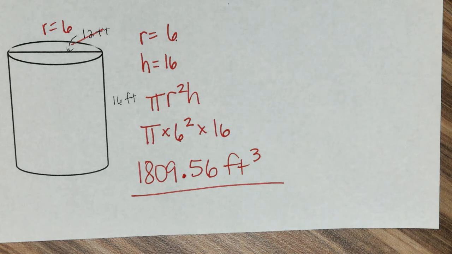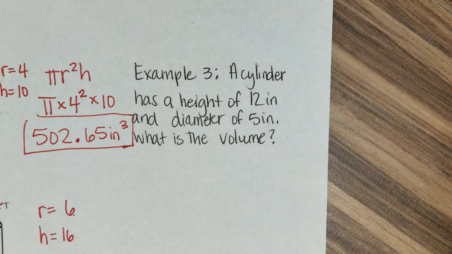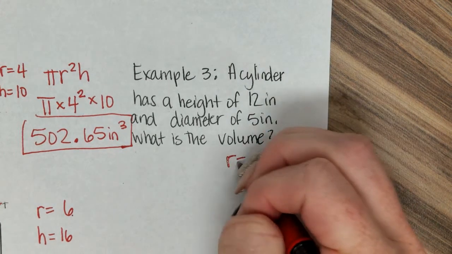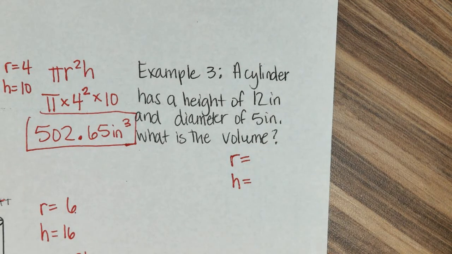We have one more example. This example did not give you a picture. So you're looking for two things. You need an R and a what? I want y'all to read it to yourself, and I want you to figure out the radius and the height.